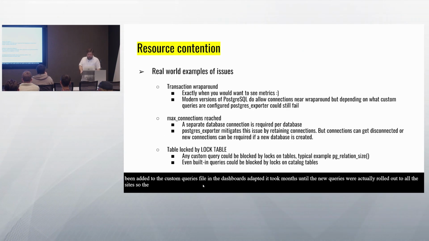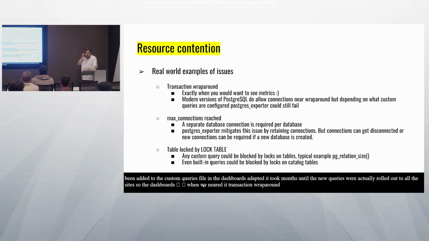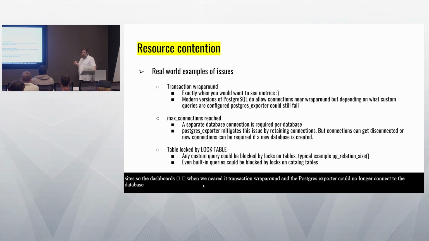Examples of the resource contention problems that I've actually had in the real world include when we neared transaction wraparound, and the Postgres exporter could no longer connect to the database because older versions of Postgres blocked all connections when you were near wraparound.